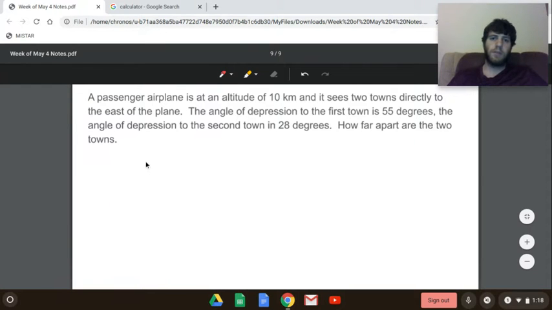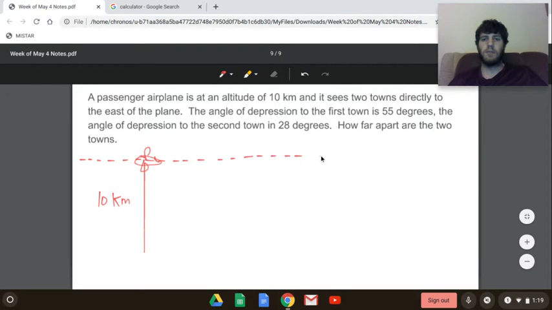So you have an airplane that's 10 kilometers in the air. So here's our plane. Right. Okay, it is 10 kilometers in the air. That's its altitude. Okay, and then it sees two towns below. So here's the horizontal for our plane. Right, it's the observer. It's going to see a town. It's going to look down, have an angle of depression of 55 degrees.